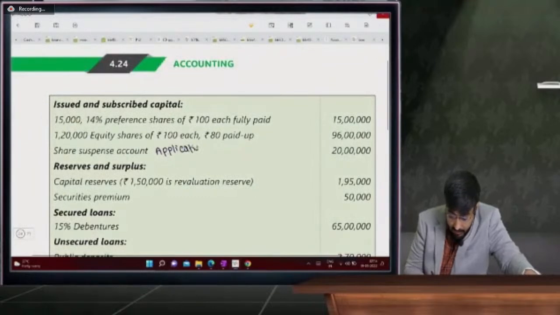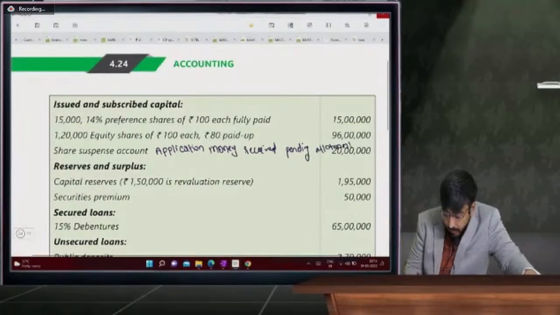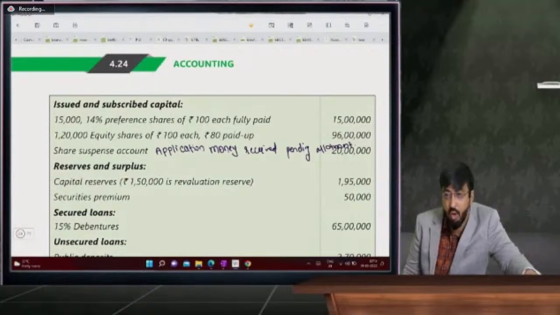So this is application money received pending allotment, so it won't be considered in your calculation of effective capital.